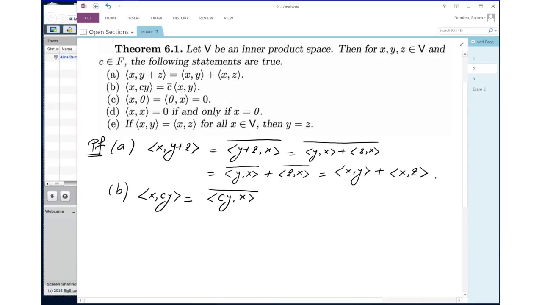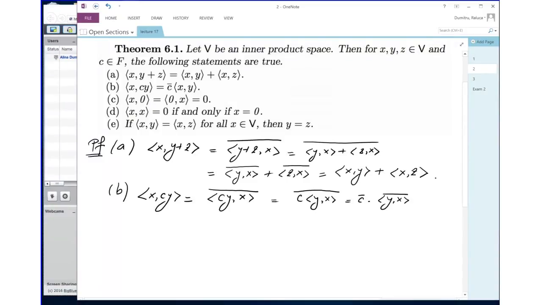Now pull it out according to the definition in the first entry. I'm allowed to do that. But again, everything happens under the complex conjugate. And now I have the complex conjugate of c times the complex conjugate of the inner product between y and x, which is just the inner product between x and y.